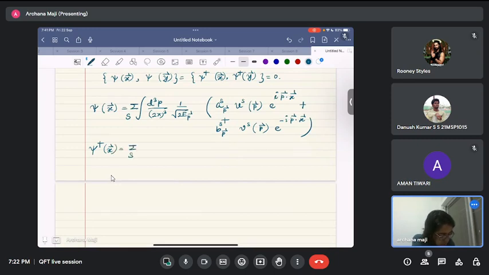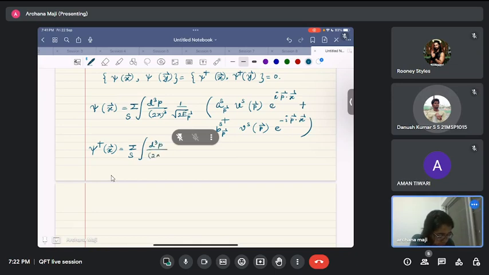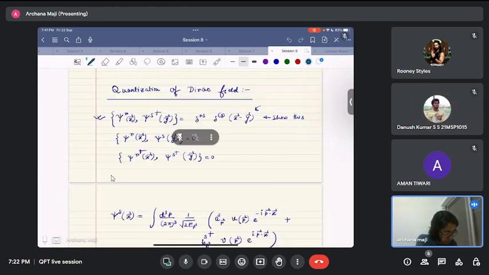Summation over s, d3p over (2 pi) cube. So this I wanted to say, here I think I wrote it the other way around.